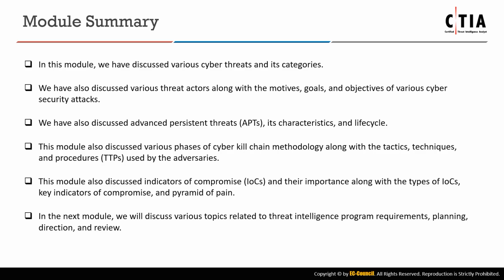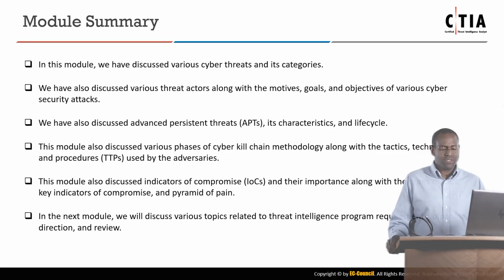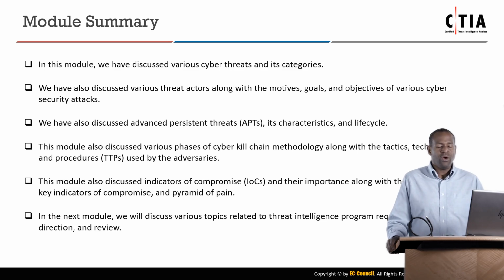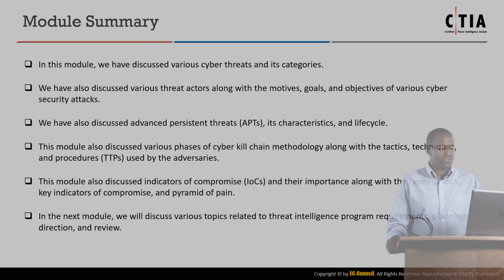We've looked at IOCs, those indicators of compromise, the different types of them. And in the next module, we're going to discuss topics related to threat intelligence. What are the requirements for a threat intelligence program? What about the planning, or the direction and the review for a threat intelligence program? All right, so that's all for Module 2.